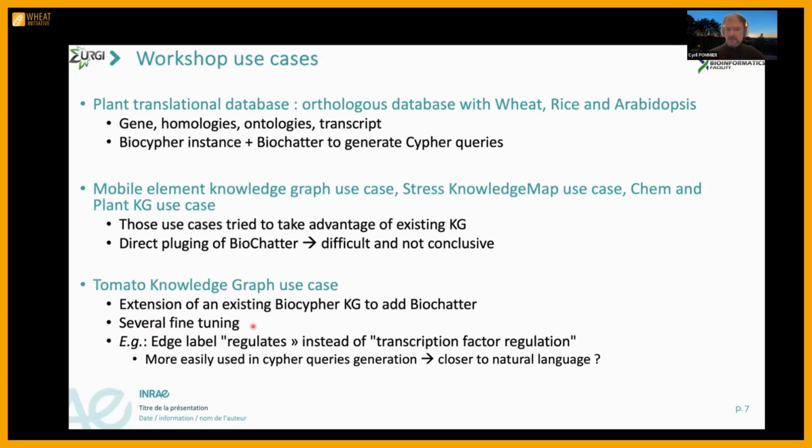For instance, in the model, he showed that using edge labels such as regulates instead of transcription factor regulation, the latter being more ontology compliant and the first one being simpler. In fact, the first one works better because this is the one that is used by BioChatter to really identify the edge that it has to use in the Cypher queries.